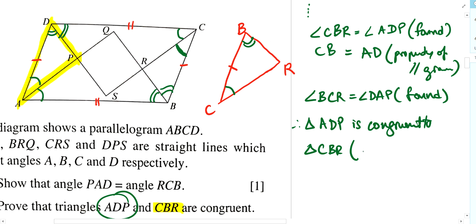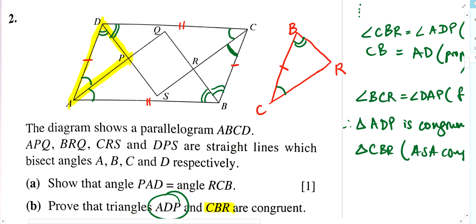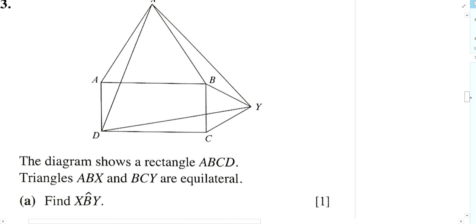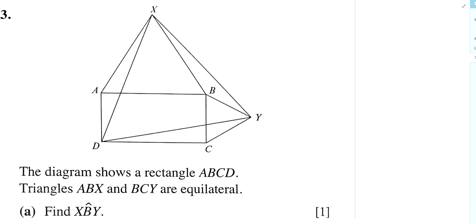Reason? ASA congruency test. Okay, so that is how we obtain another 3 marks. Okay, we will stop with this question for congruency.